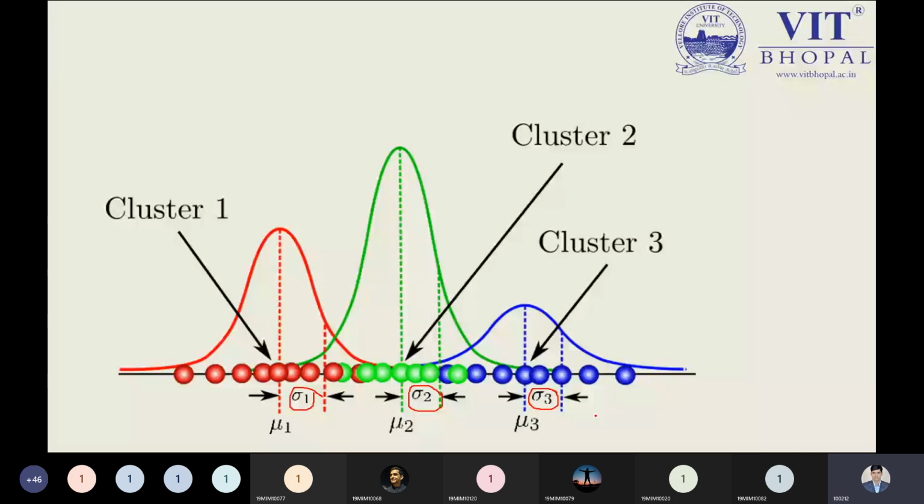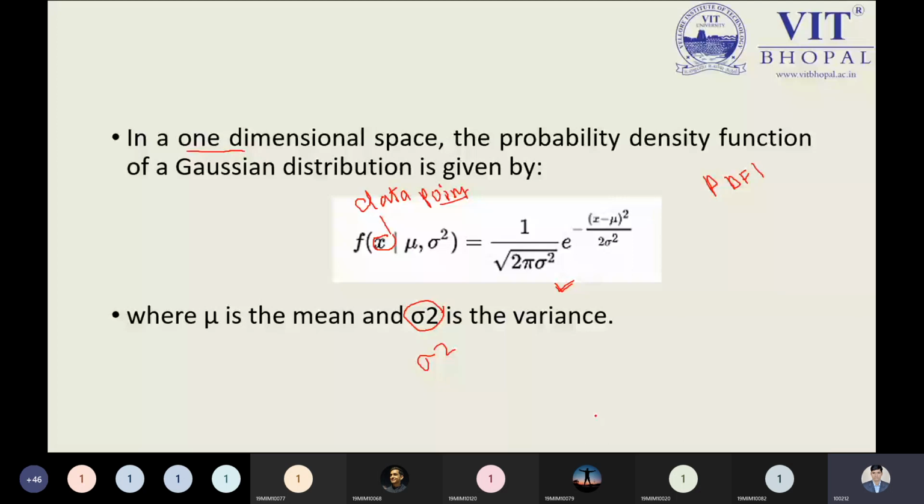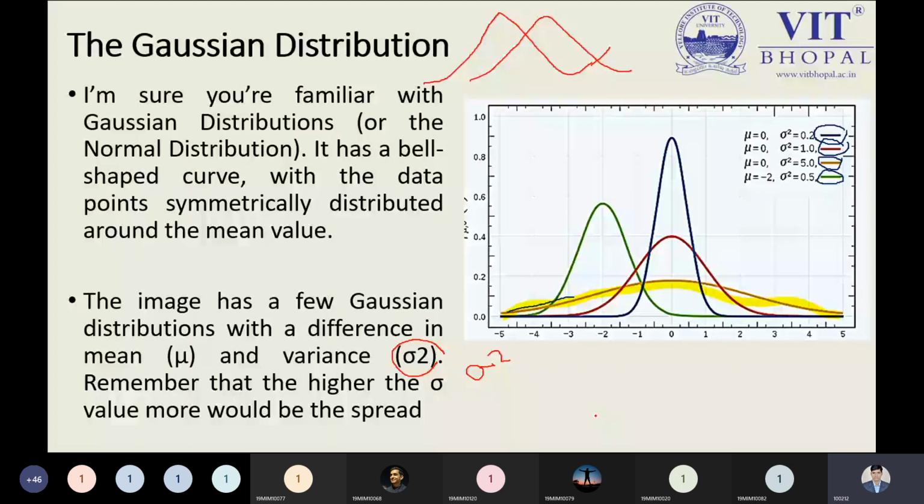So from my perspective, you can observe blue could be, or red cluster could be. So this could be the example of your normal distribution, by which we can identify what is something. Something means it's mu, its mean, and its variance. So this is just an idea about the Gaussian distribution.